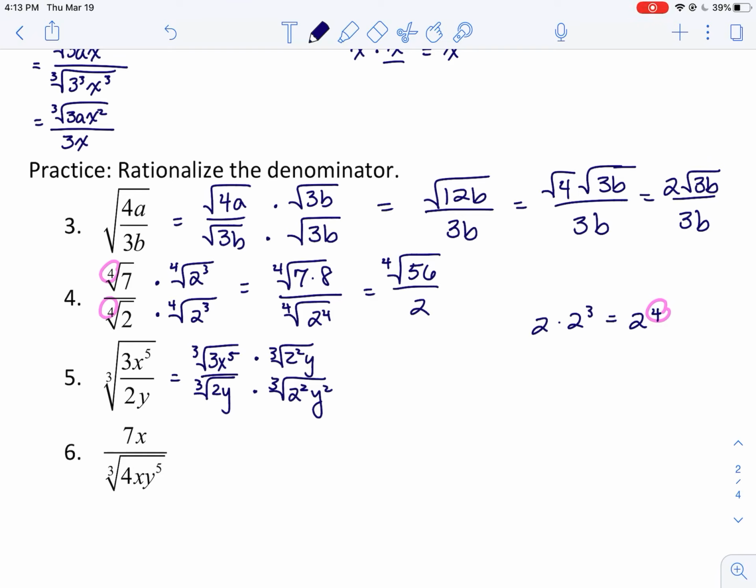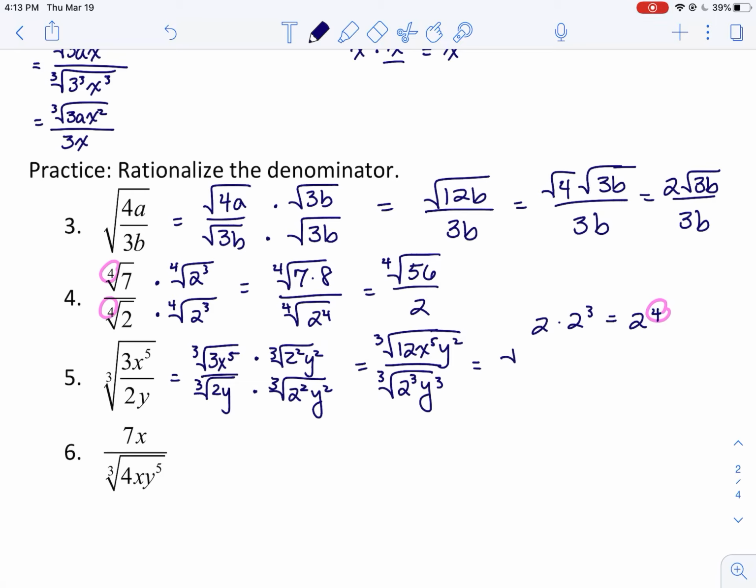Y times y squared gets me y to the 3rd. So now up top I have the cubed root of 3 times 2 squared is 4, so 3 times 4 is 12, x to the 5th y squared, over the cubed root of 2 to the 3rd y to the 3rd.